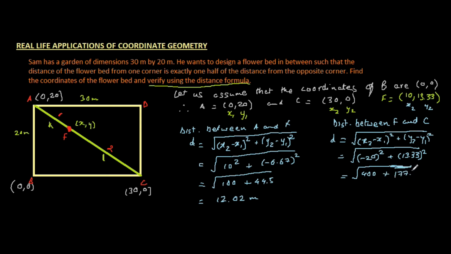So 400 plus 177 would be 577.7, and the square root of that would be 24.04 meters.